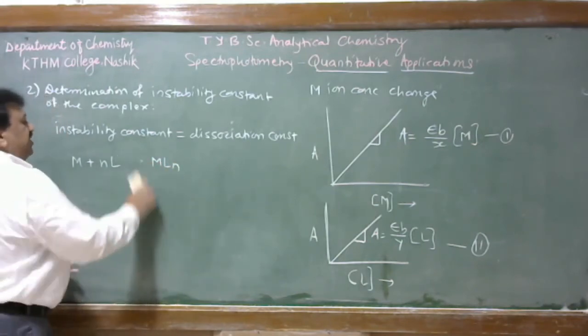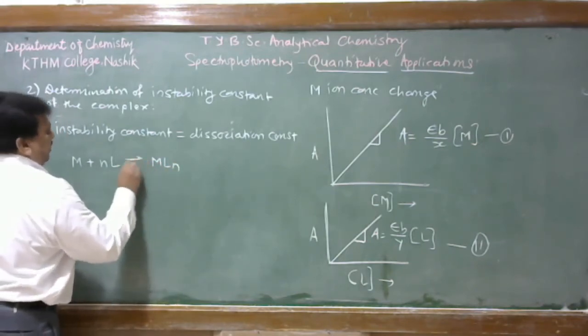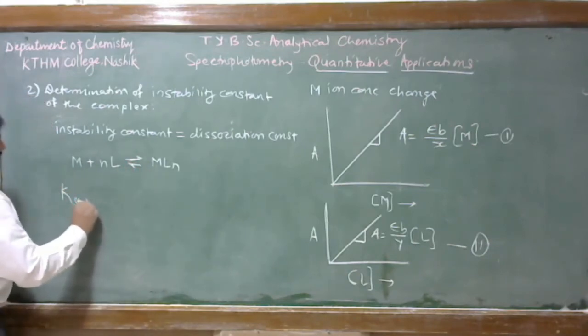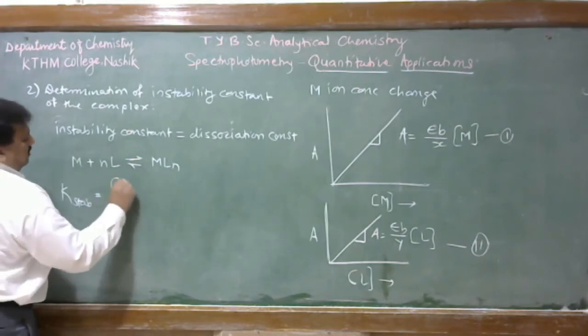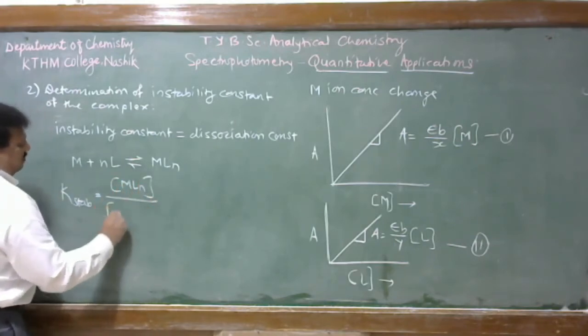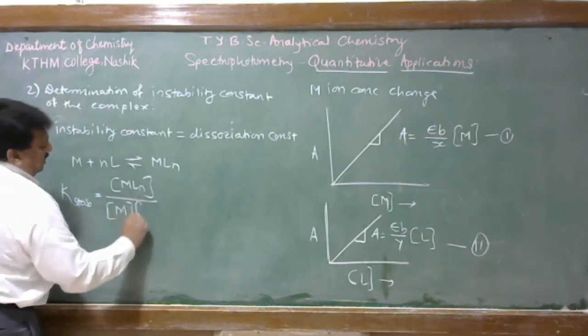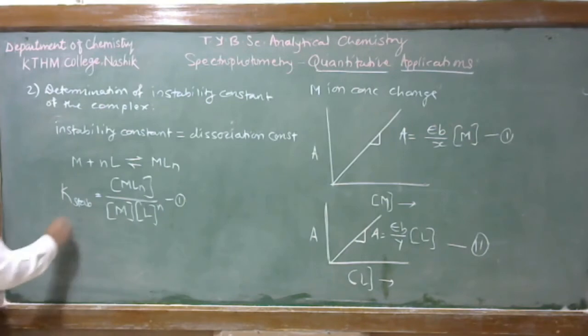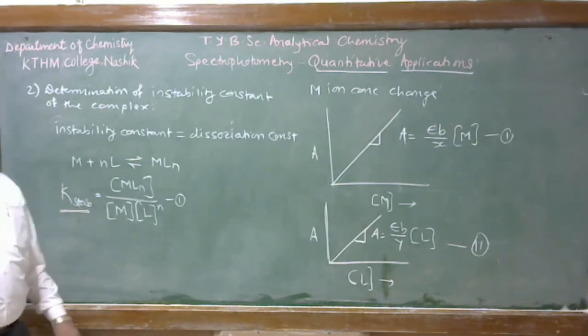All complex formation reactions are equilibrium reactions. And when we apply the law of mass action to this equilibrium, then K is equal to concentration of MLn upon concentration of M into concentration of L raised to n. This equation gives the stability constant of the complex.